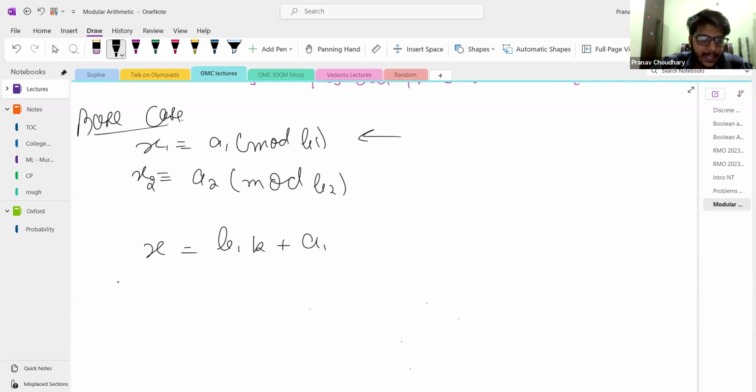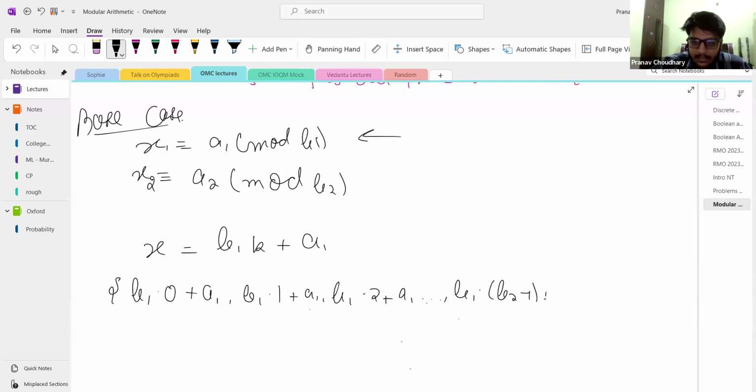So what I do is I take this set: b1 times 0 plus a1, b1 times 1 plus a1, b1 times 2 plus a1, and so on till b1 times (b2 minus 1) plus a1. This is basically the set b1 k plus a1 such that 0 ≤ k < b2.